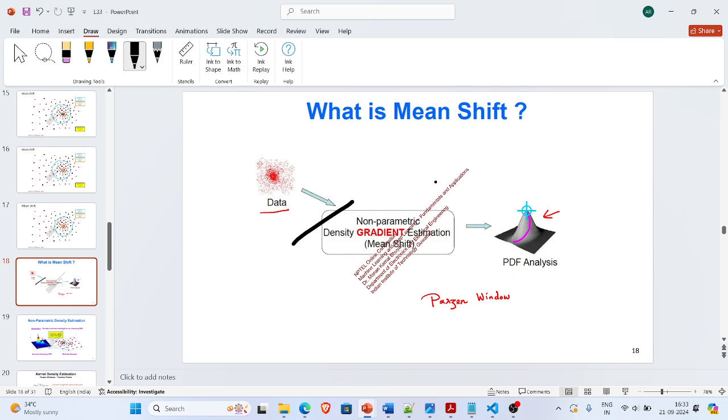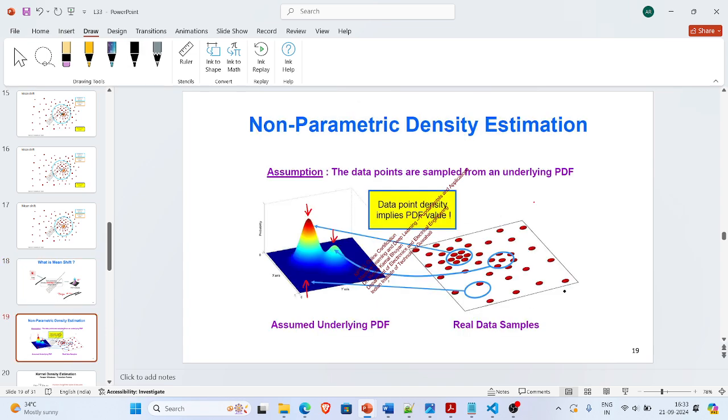We have covered Parzen window before, and we're going to use the concept from there. The point of view is this: the convergence happens at the mode of the PDF. There are two modes here, multimodal data, so there is convergence to 2 points.